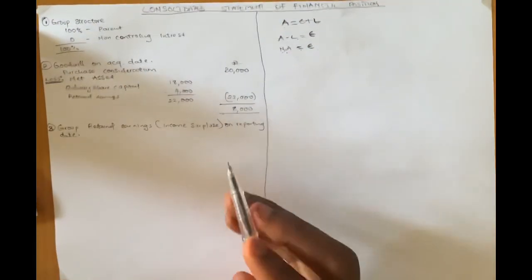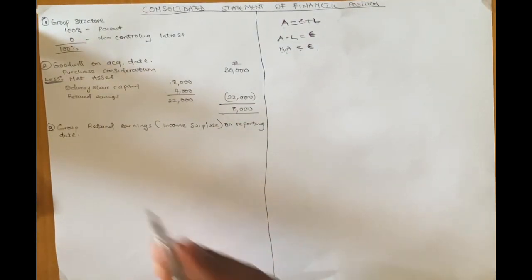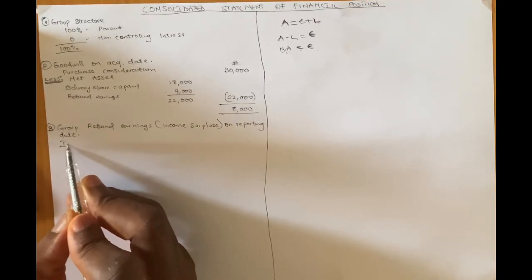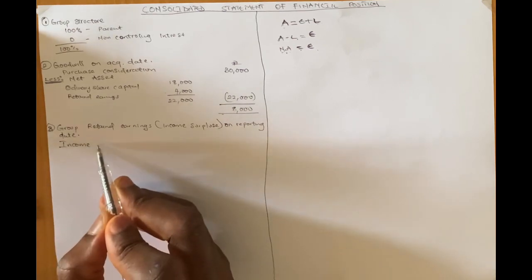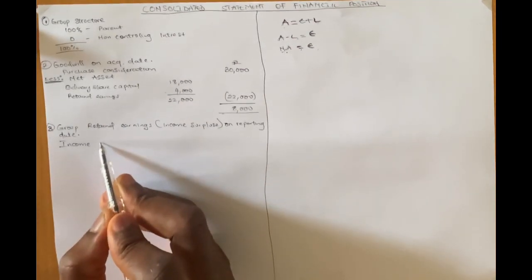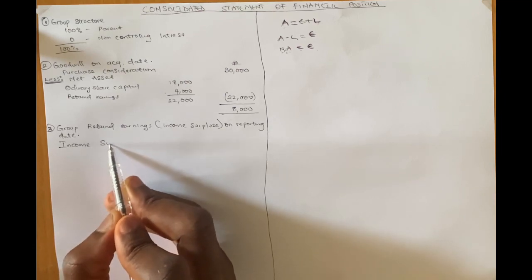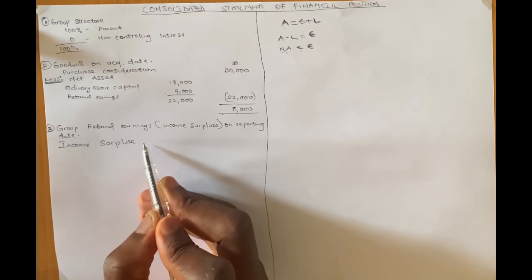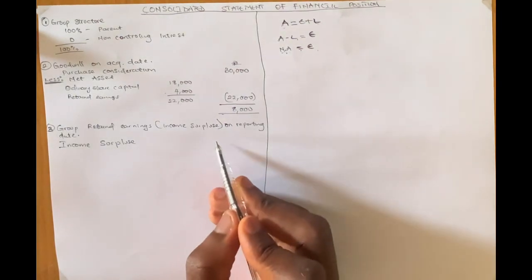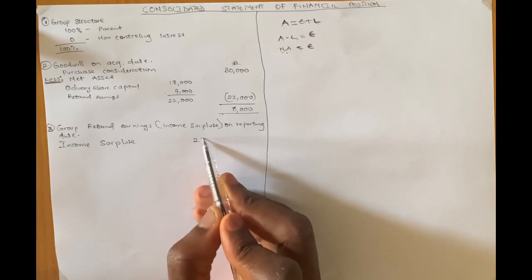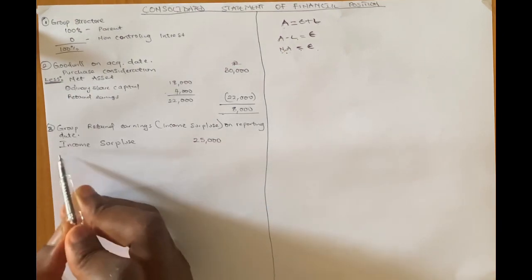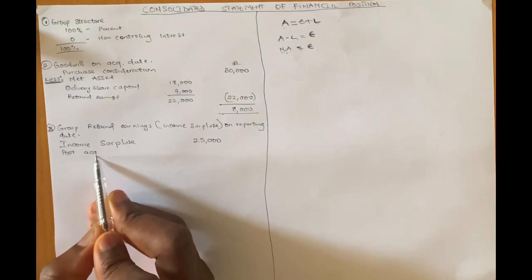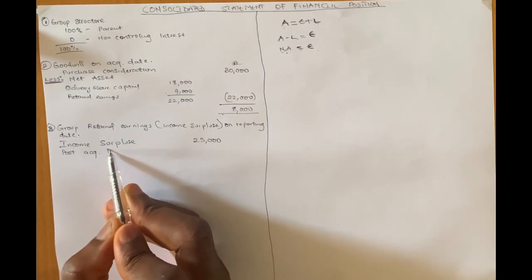So the formula is income surplus plus post acquisition profit. So our income surplus is 25,000, and our post acquisition profit.